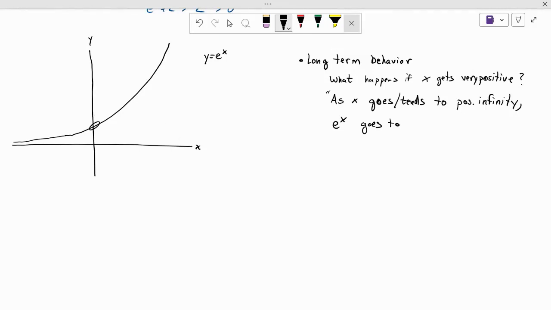As we say, the function blows up as x gets very positive. The corresponding y values also get very positive. It's exponential growth. What do you expect? It better blow up. Awesome. Okay, and of course that raises a natural question.